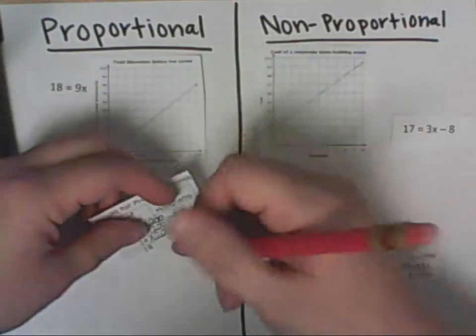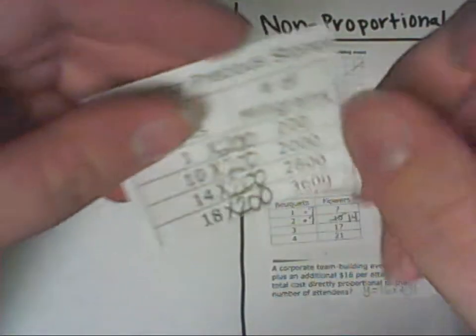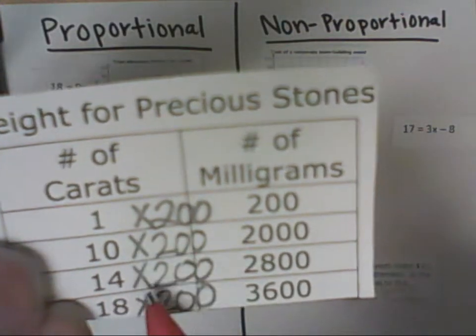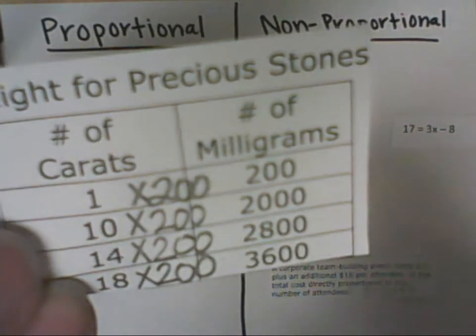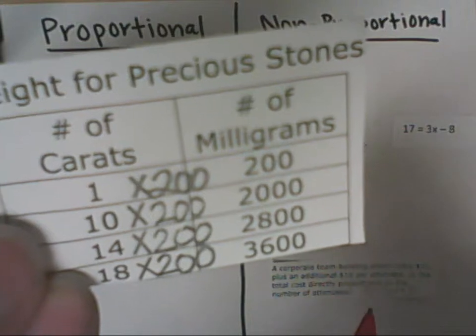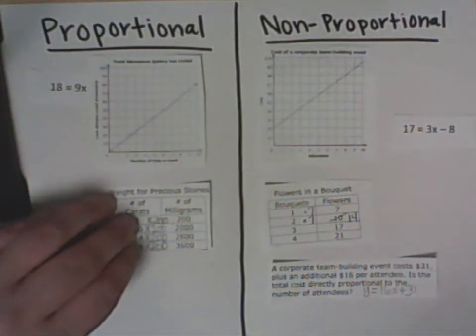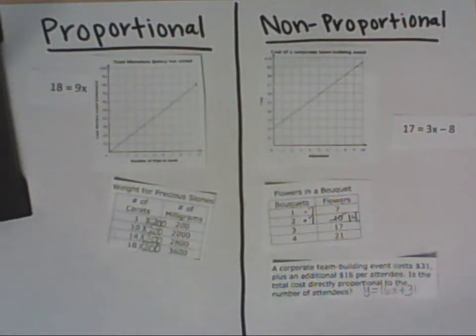Yes, it does work. Very good. So we can tell that this has a constant rate of change because each is multiplying times 200. So since it has a constant rate of change, we know that this table represents a proportional relationship. So it goes right here on the left side underneath proportional.